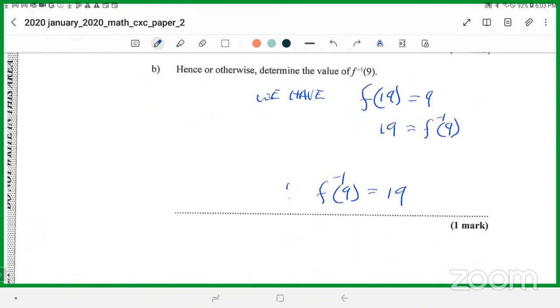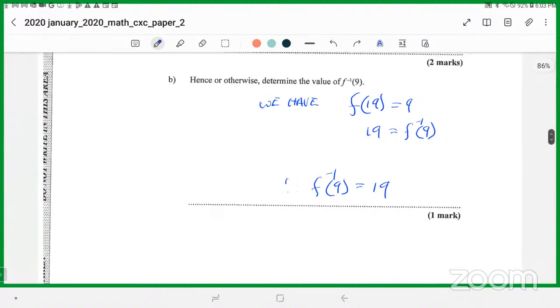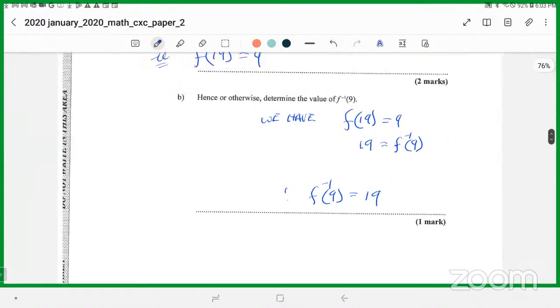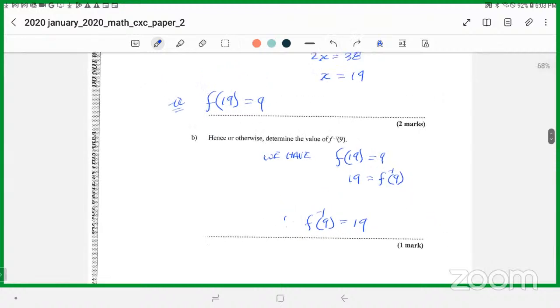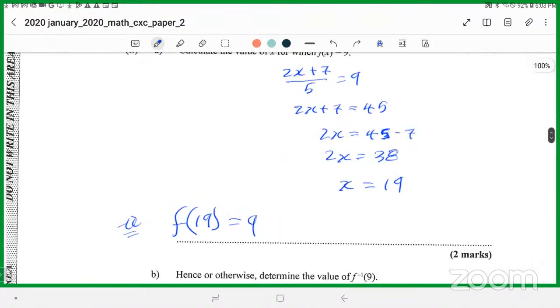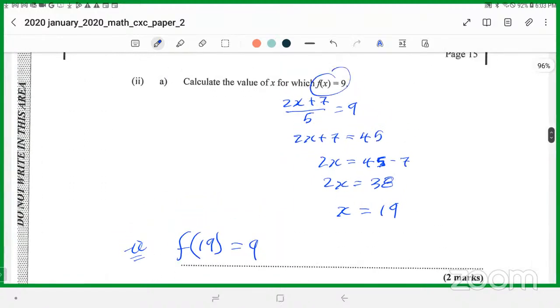But do you understand that? Yes, sir. All right. We're not going to do it any other way. Any other way is like a cardinal sin, since it's only 1 mark. You're going to do it the easy way, which is the hence way. Just recognize that if f of x equals 9, and I get x equals 19, it means that f of 19 is 9.